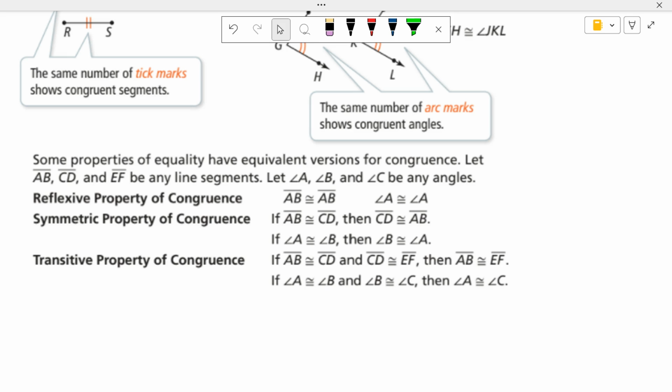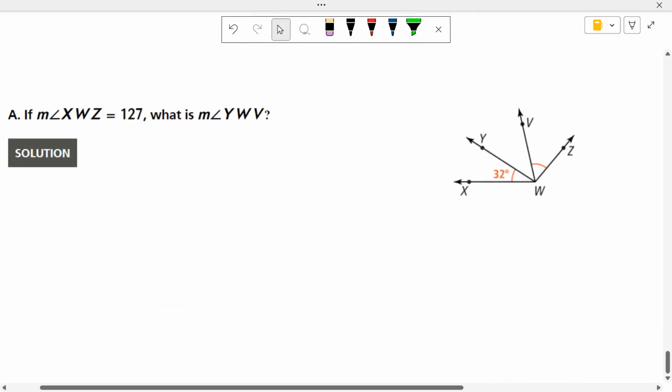And the transitive property says if the first is congruent to the second and the second is congruent to the third, then the first and the third must be congruent to each other. Because if this is equal to 4 and 4 is equal to this, then these two are both equal to 4, so then they must be equal to each other. So those are reflexive, symmetric, and transitive property.